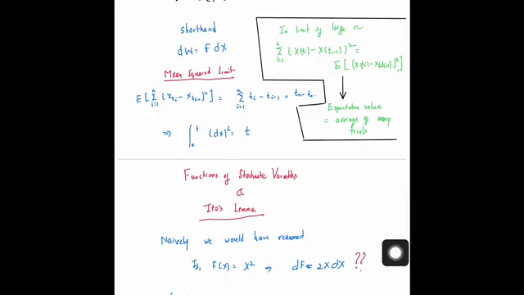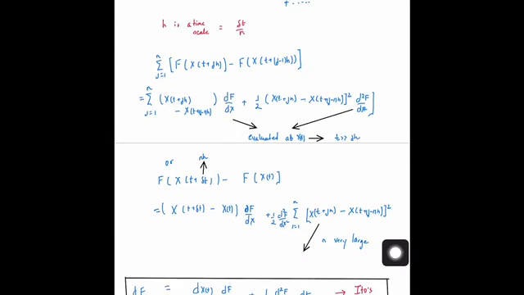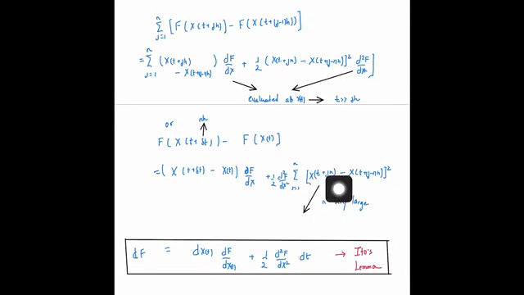So what I have over here should basically be equal to dt, and this is the Ito lemma, where the change df is dx times this derivative plus 1/2 this second derivative times dt.